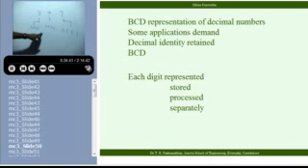It requires altogether 12 bits, whereas here it requires 10 bits. As you go on expanding, it requires 4 bits per digit.